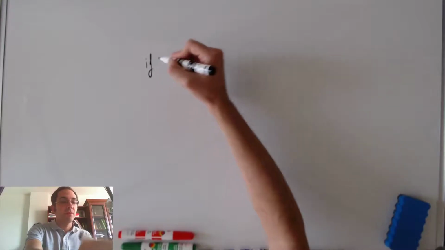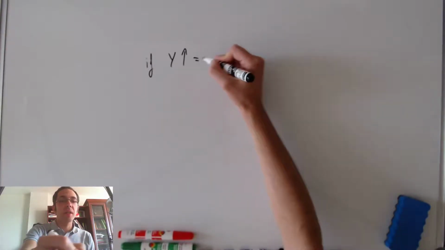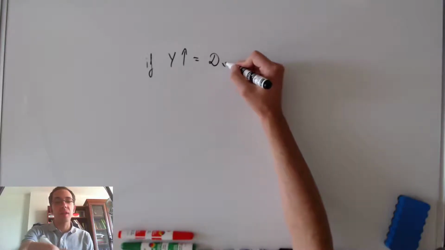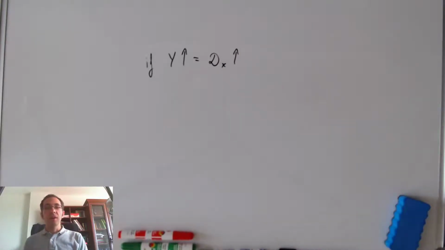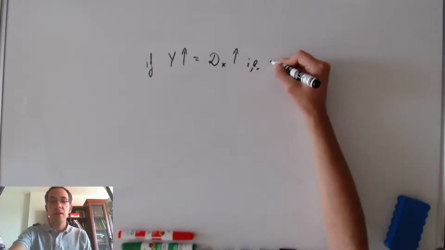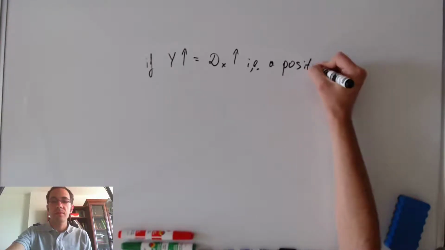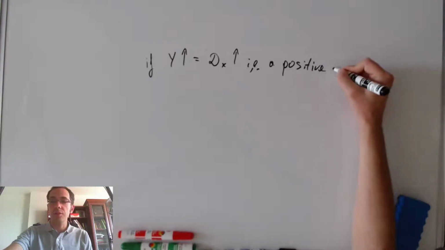The first one would be if income increases, we can expect that demand for good X will increase. Now, this is a positive relationship.